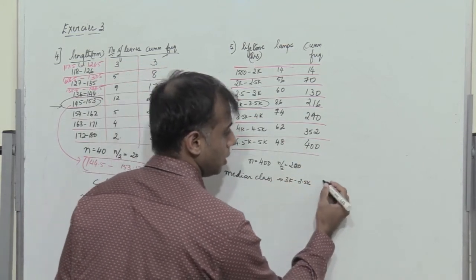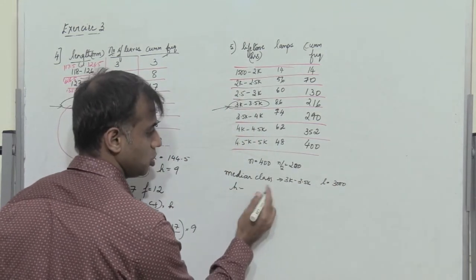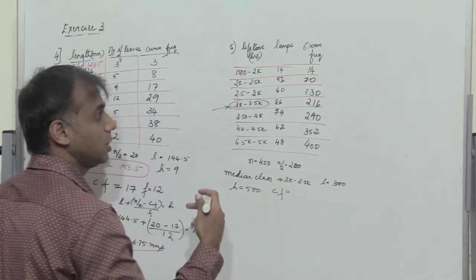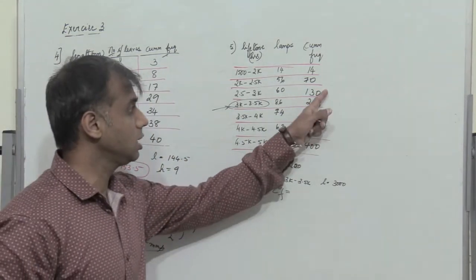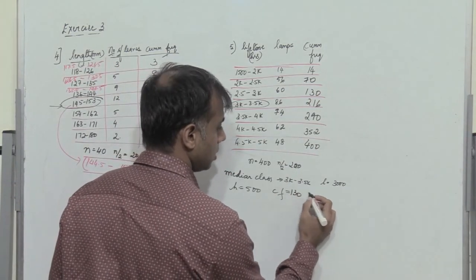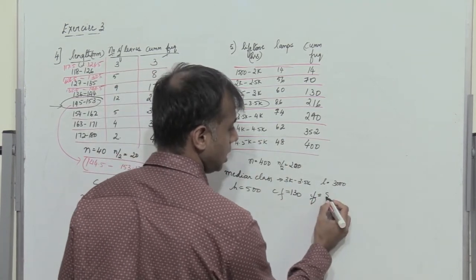So therefore L is 3000, the lower value. And what is H? H is of course 500. CF is the cumulative frequency of the preceding class interval, which is 130. And the frequency of the considered median class is 86.